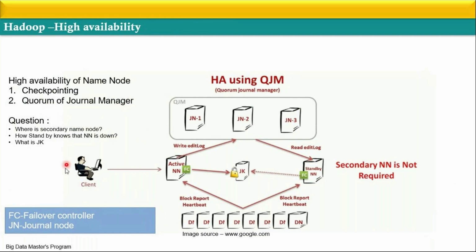Over here we have the client, which keeps accessing the cluster, and the active name node, nn stands for name node. With the help of the active name node, the client is connected with the cluster, which has these name nodes and data nodes.